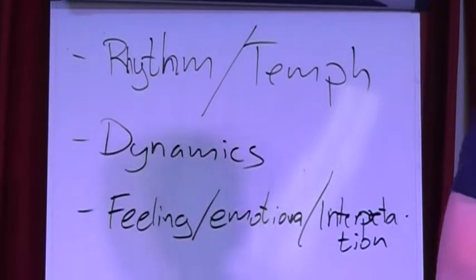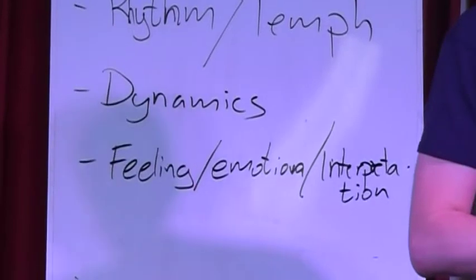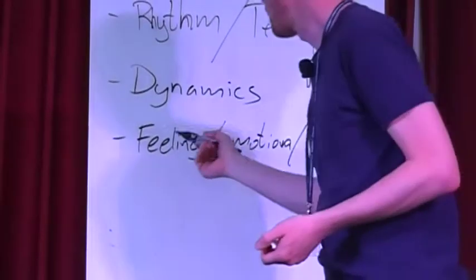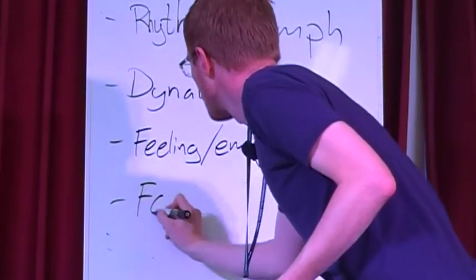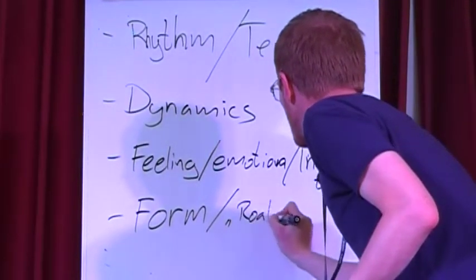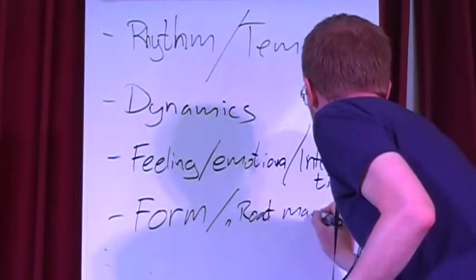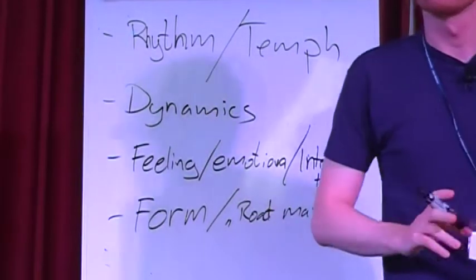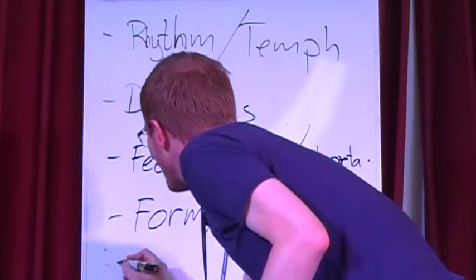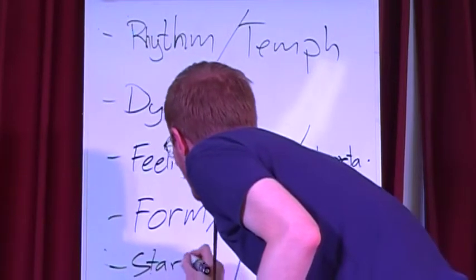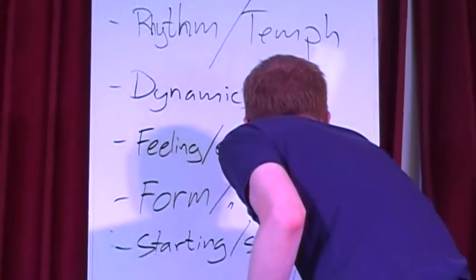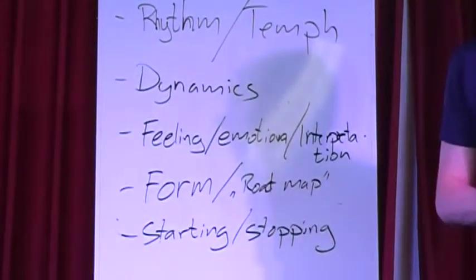For example, the intro, then the piano came, and so on. Very good. We call that the form. When you use the word roadmap. So the form of the song. Yeah, anything else? Volume. The start and the end. Starting and stopping, yes. Other suggestions?